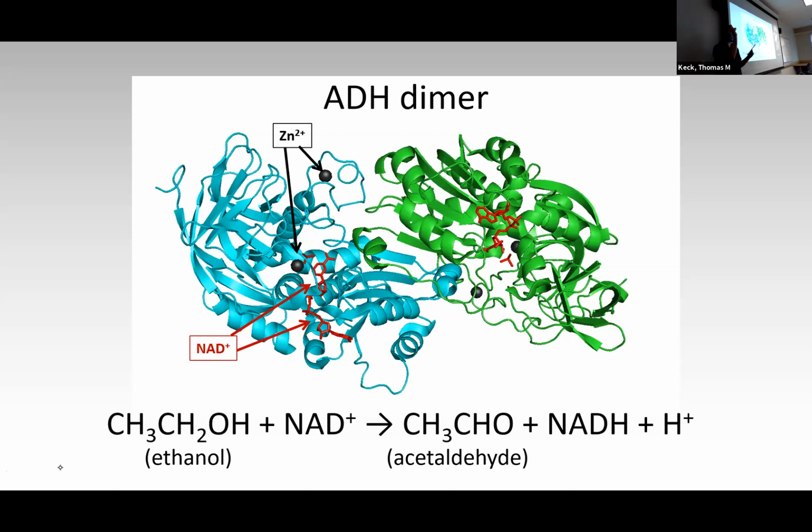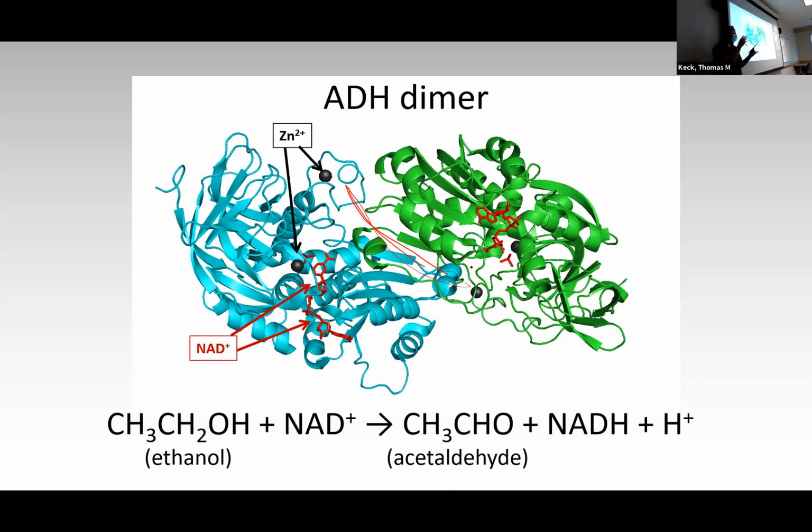So two of these proteins come together and form what we call a homodimer or homomer. So it's the exact same protein, but they're flipped like 180 degrees from each other. And now you have this interface between them, which is the same face of both of the proteins. And that face, that interface actually is where most of the reactions occur.